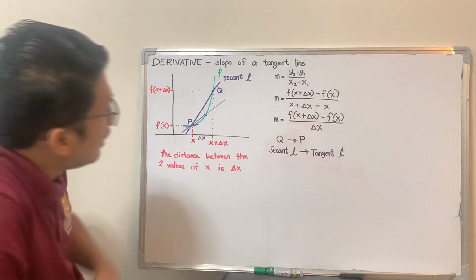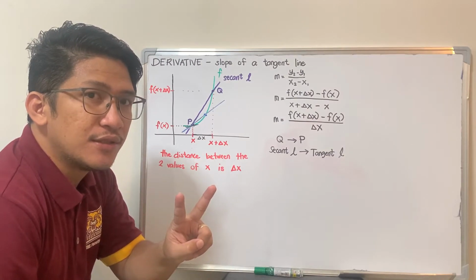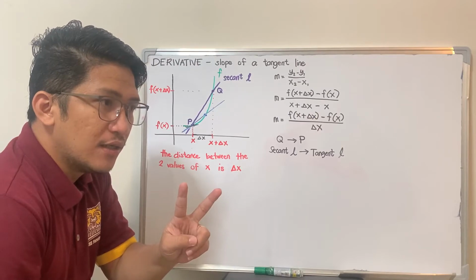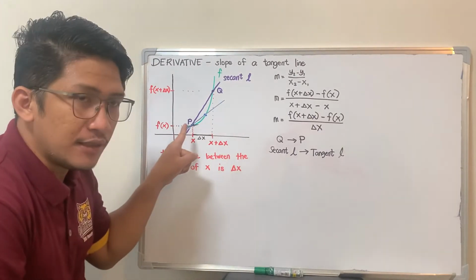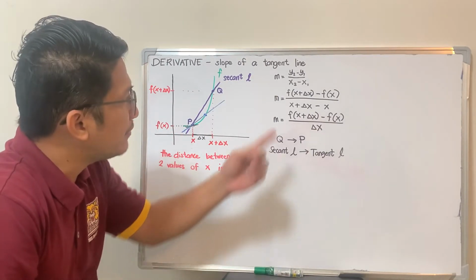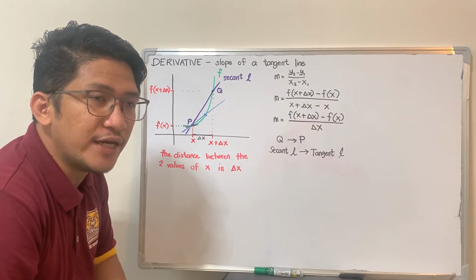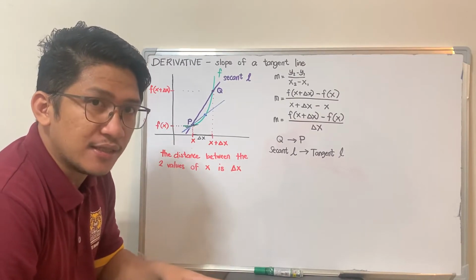Kaya di ba kung may slope sa line, dapat naay duha ka points. Again, basta slope sa line, naay duha ka points. Now, if Q will be exactly P, then mawala na ang concept. Dili na nimo maporma ang line, because we have to preserve the idea nga dapat duha ang points para naa straight line.